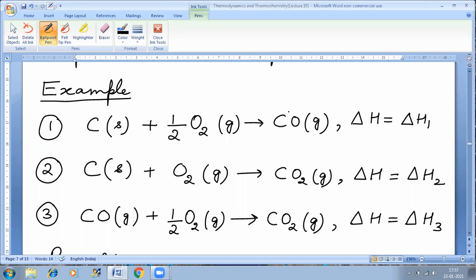So if I add two equations, the left hand sides get added and also the right hand sides get added correspondingly. If I subtract one reaction from another, the left hand sides will get subtracted, and then I'll put an arrow, and then I'll again subtract the right hand side.